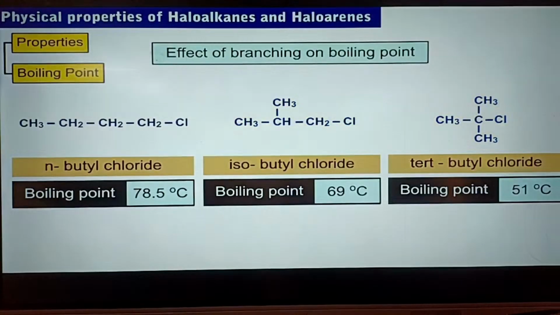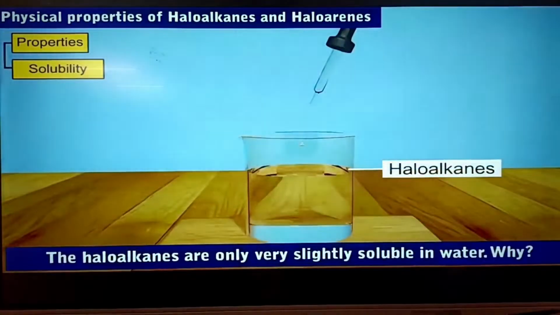This results in a decrease in the magnitude of van der Waals forces and hence a decrease in boiling point. Thus, among the isomeric butyl chlorides, the straight chain isomer, n-butyl chloride, has the highest, while tertiary butyl chloride has the lowest boiling point.